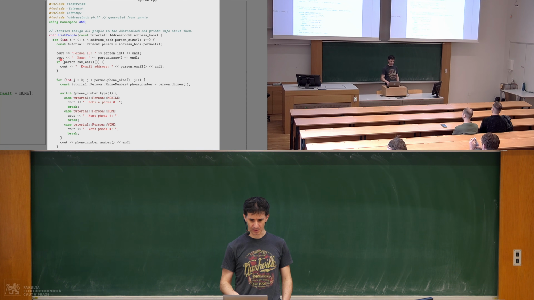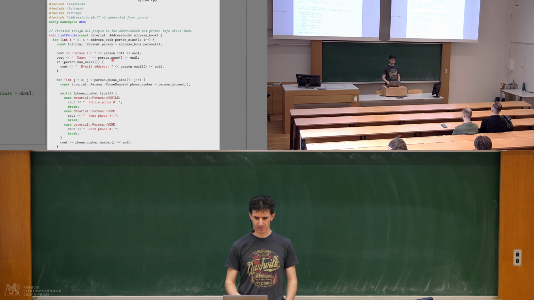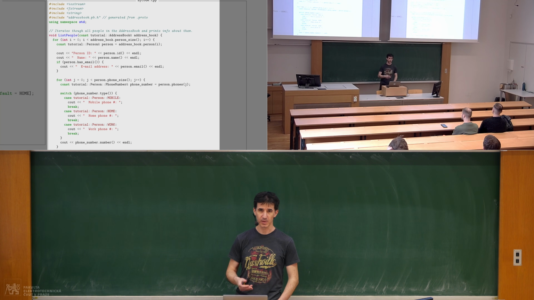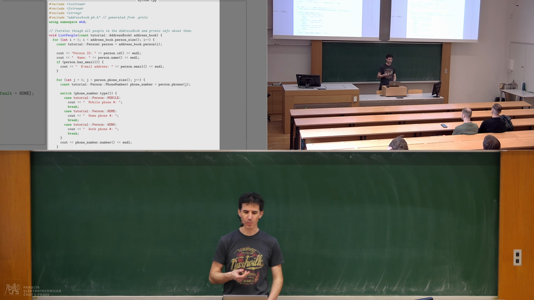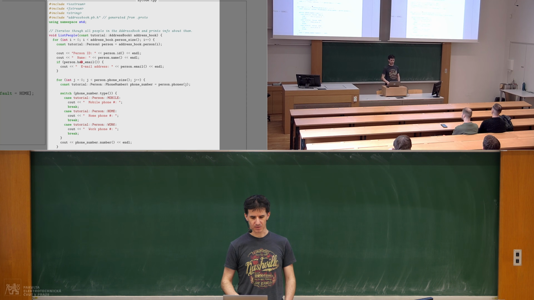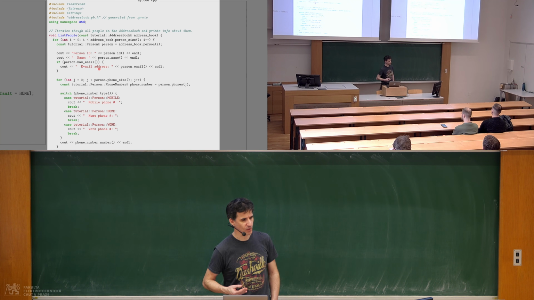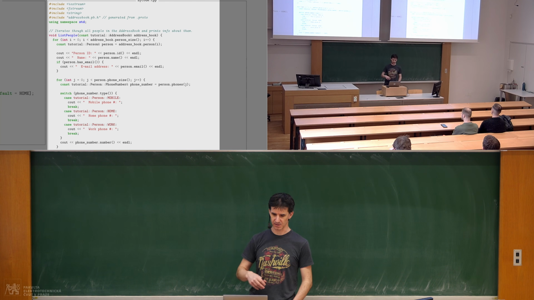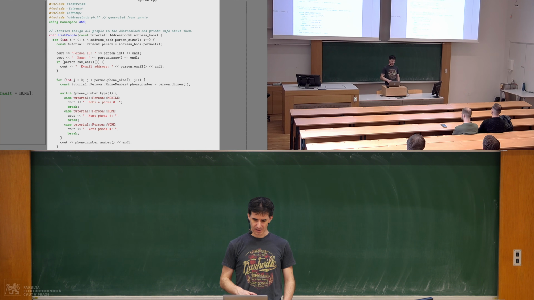So for example, you can ask how many persons there are, so that you can iterate over all persons. You can read the name of the person. You can ask whether there is an email or not, because in the definition the email was optional, and so on. So it is then quite straightforward to either read the data or even to generate the data and serialize them.